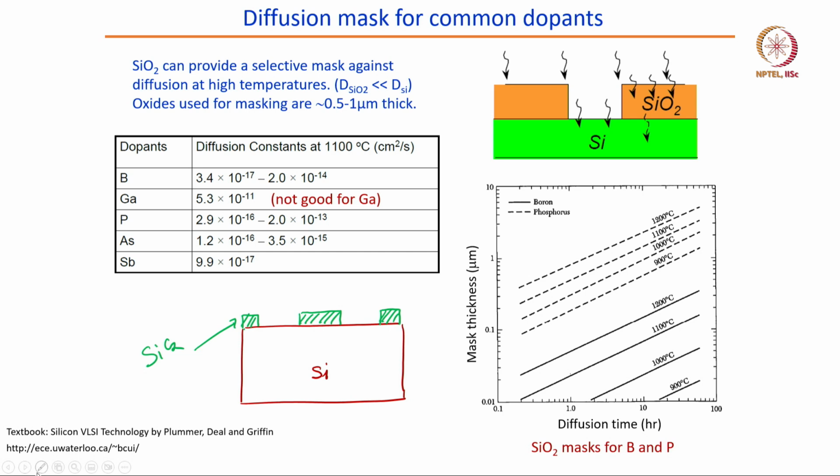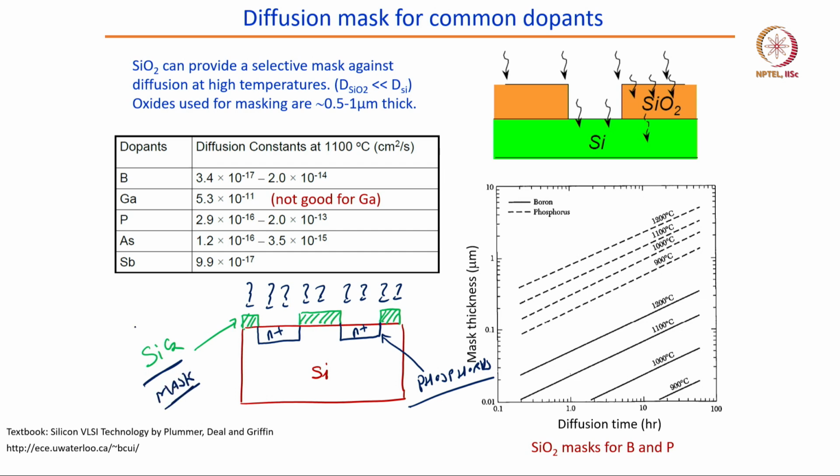When I dope it with phosphorus, then I should get this N plus heavy doping. What is this one? Phosphorus. So, what will happen is, as you can see, this silicon dioxide works as a mask.